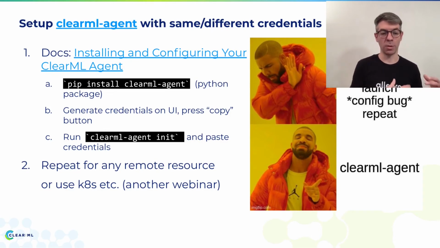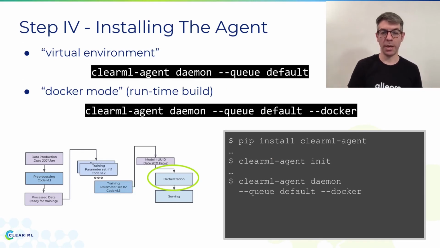If you want to learn more about the different configurations that you can use when setting up the agent, go look at the documentation or on the Git repository. You'll have a full link of everything that you can add into the configuration file, controlling caching, environments, different packaging solutions, etc. I will not go into that in detail today, but we'll just install the agent and spin it. So we just install the agent, so everything is working. Now we can spin it.